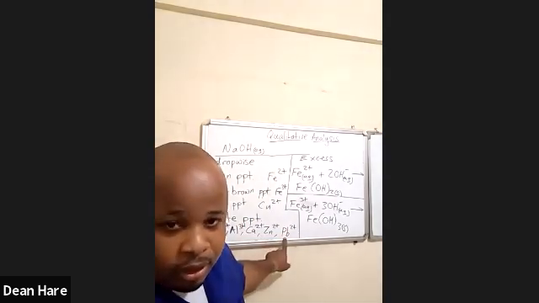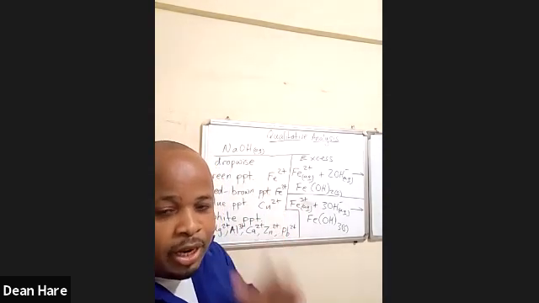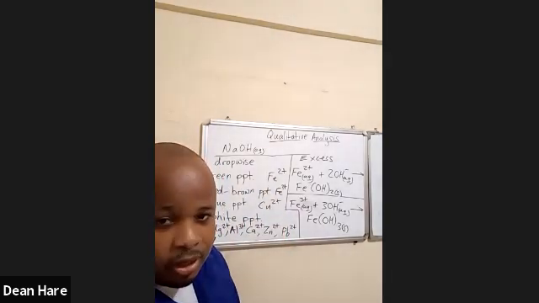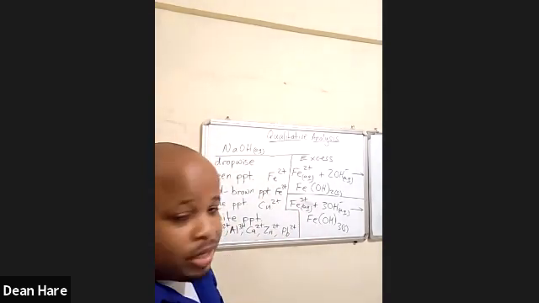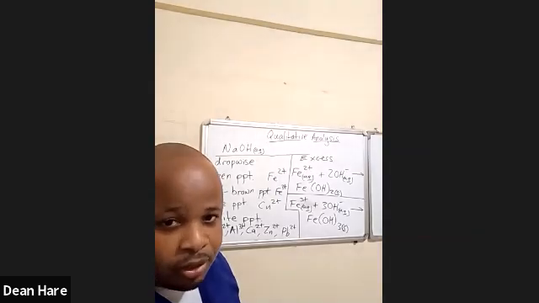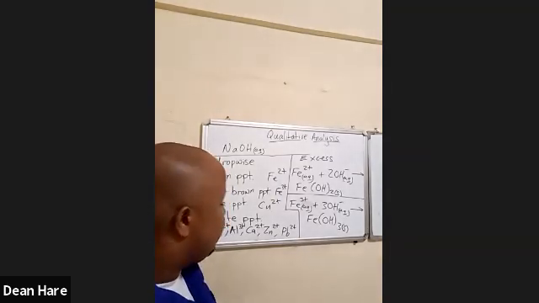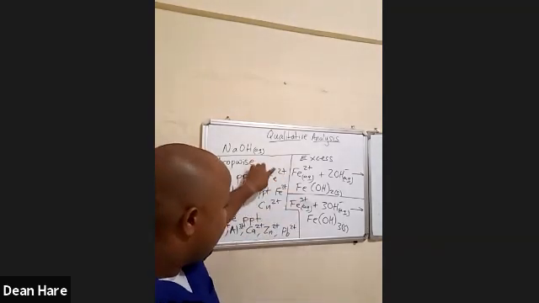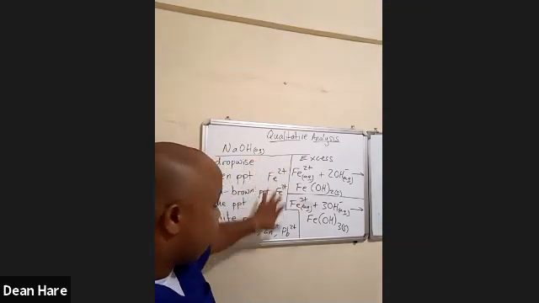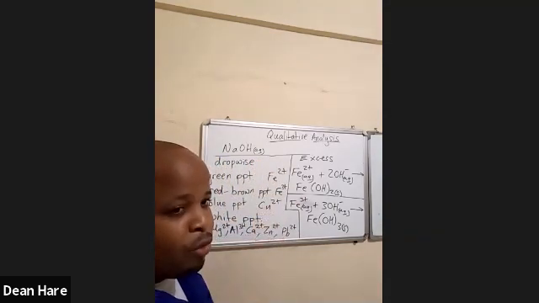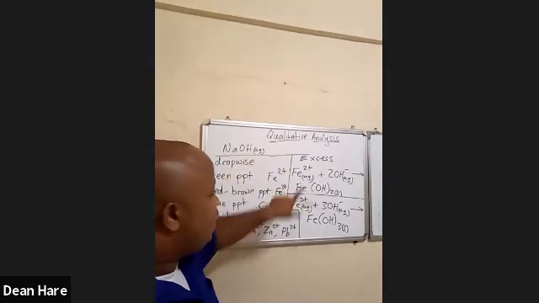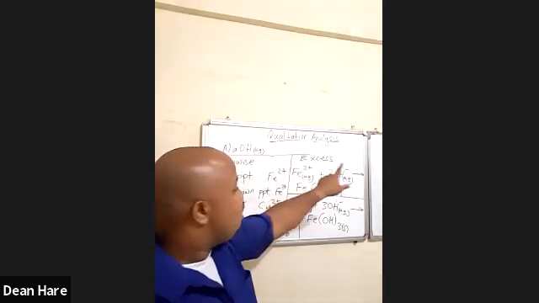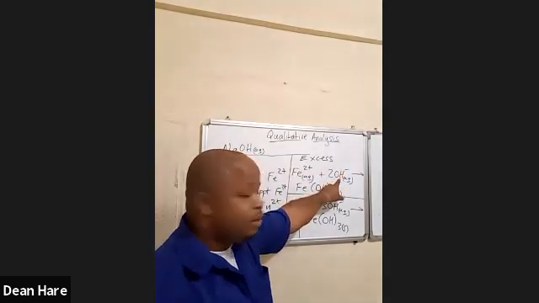Now, for the inference section, you might be asked to write an equation, and the equation is an ionic equation. Any of these cations, even though you're reacting it with sodium hydroxide, the cation is combining with the hydroxide ion.